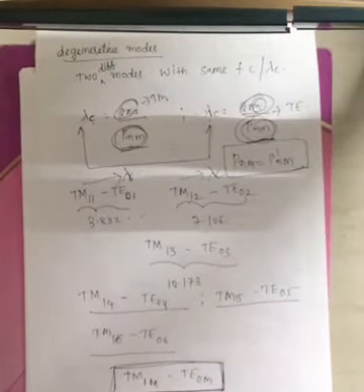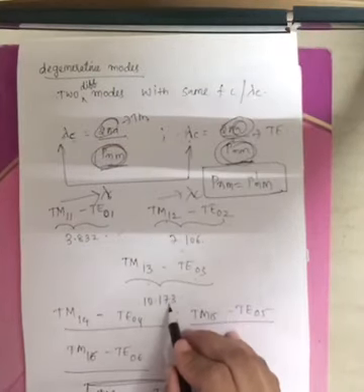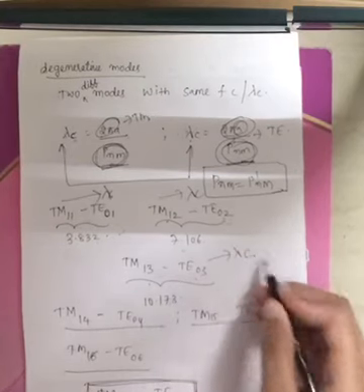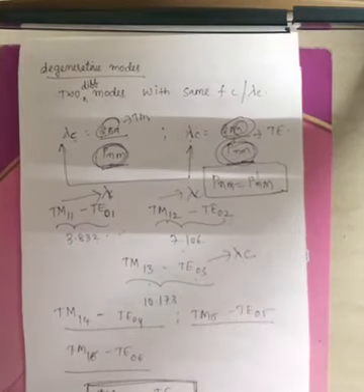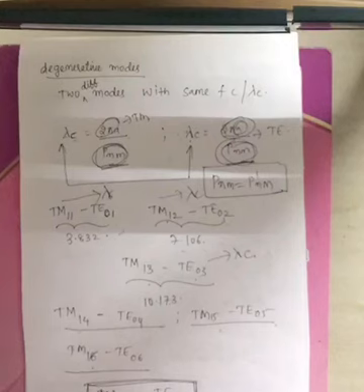And TM13 and TE03 have the same root value 10.173. Similarly, TM14, TE04, TM15, TE05, TM16, TE06 will also have the same root value, though I have not mentioned them in the table. The second row of TM mode and the first row of TE mode have the same root values.